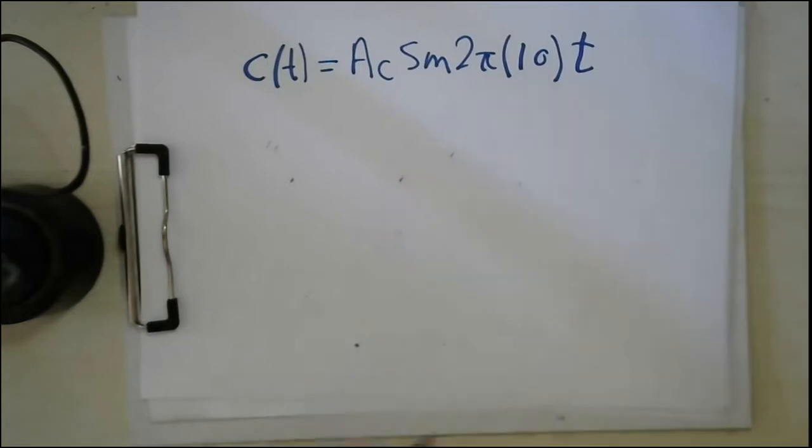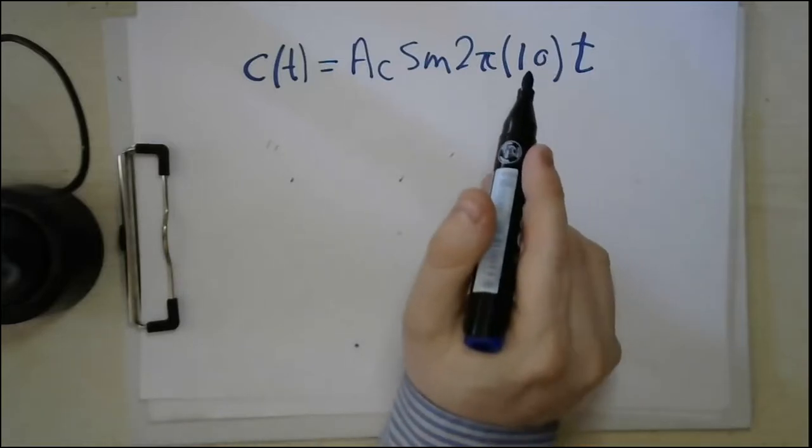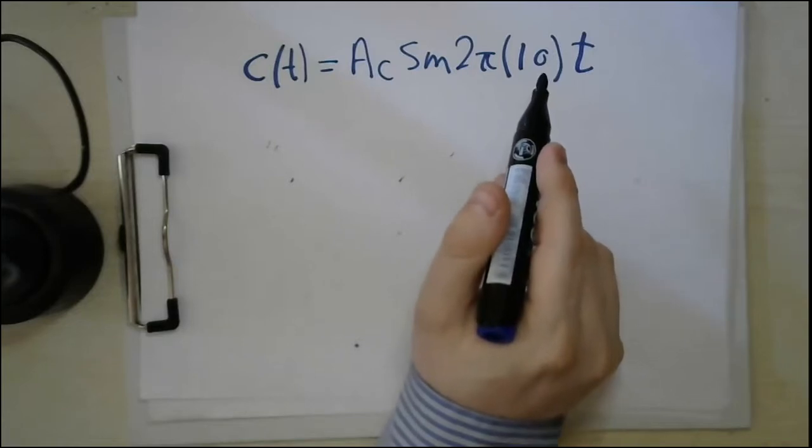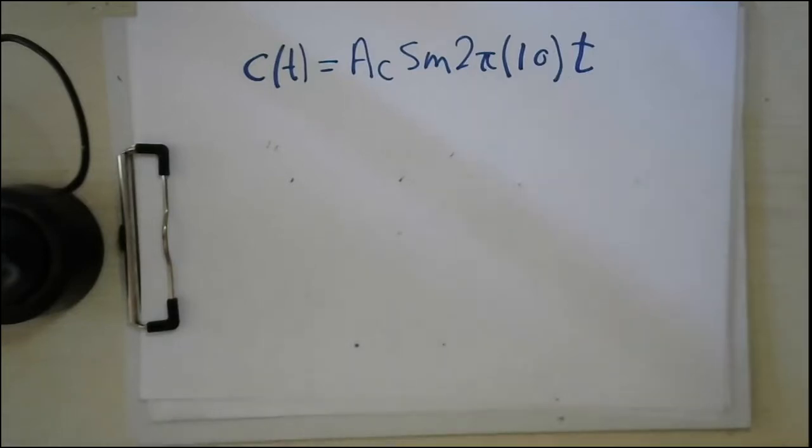I mean, this carrier makes 10 periods per second. This is the definition of the frequency. So the period takes 1/10 of a second.